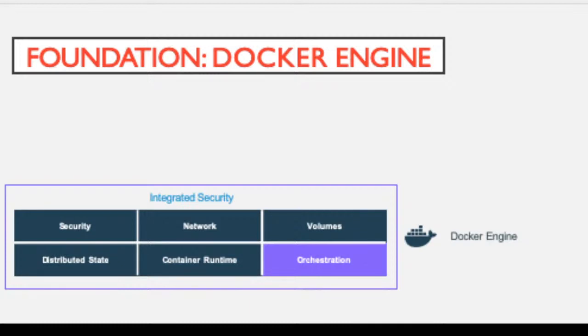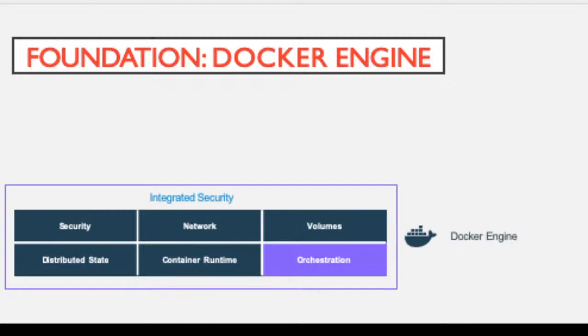So if you look at what could be the foundation for me to work on a Docker application, the foundation is nothing but the Docker engine. So what is a Docker engine?